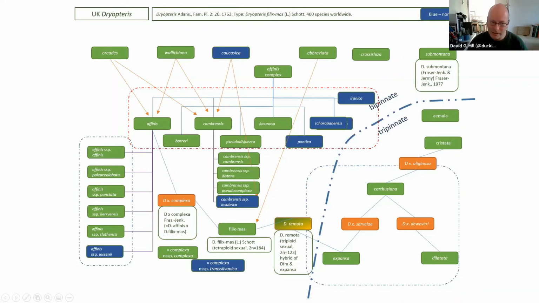So for instance, Stace has demoted these in his last publication, in Stace 4, I think it is, but most pteridologists now regard them as species in their own right, and there's been a newly described one in the last BPS publication. So a very complex, fluid group that share a lot of identification characteristics.